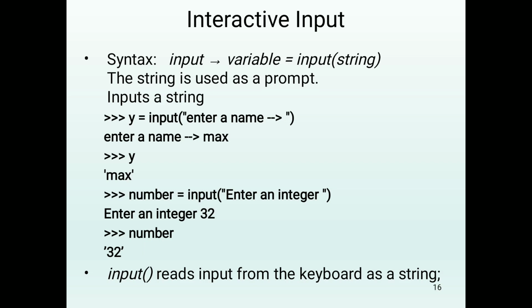It displays enter a name, then whatever you type, say max, is stored in the variable called y. Similarly, number equal to input enter an integer asks for an integer. The user has given 32, so 32 will be stored in the variable called number. So input reads the input from the keyboard as a string.